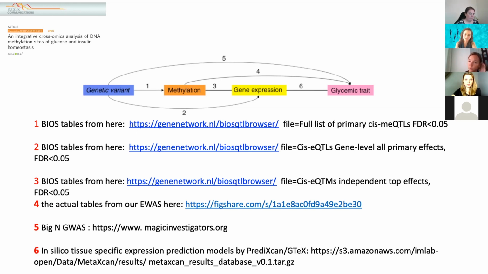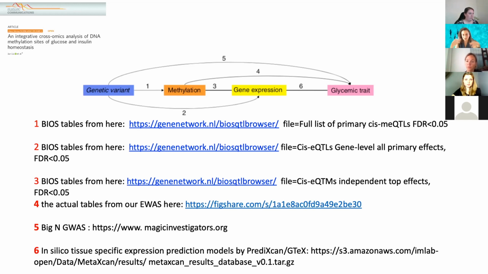What they did is they performed this on the fly, and they only stored the results which have FDR less than 0.05. Therefore, a problem is when you insert a SNP here, you can't know if your SNP is not found because it was not associated with the trait at this FDR.